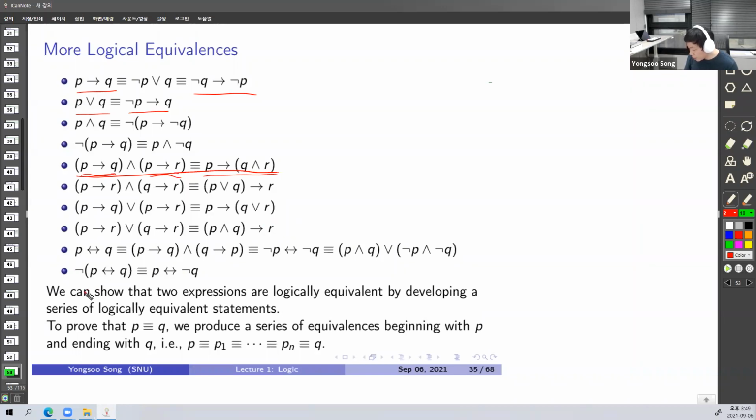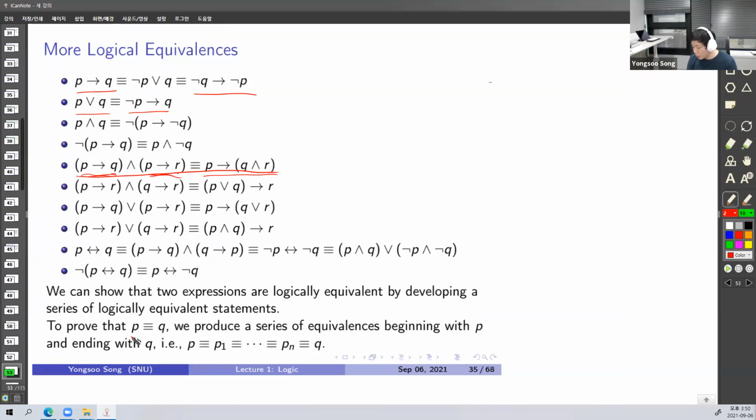And also, of course, it is very expensive to build the truth tables for every single proposition. So sometimes we show that two expressions are logically equivalent by developing a series of logically equivalent statements.